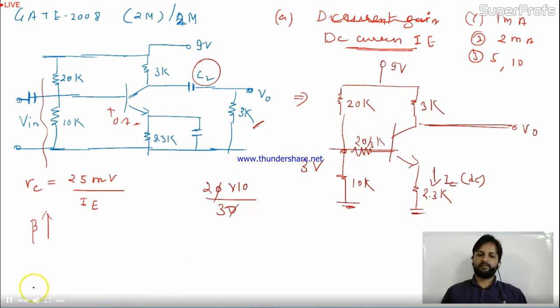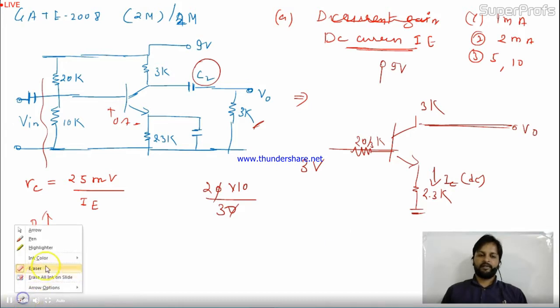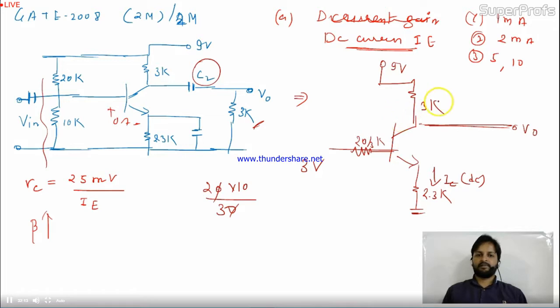Now you can remove this part. This is the input equivalent, right? Perfectly fine. Now 9 volts will be connected already with this. Here it is 3K. This is your circuit.